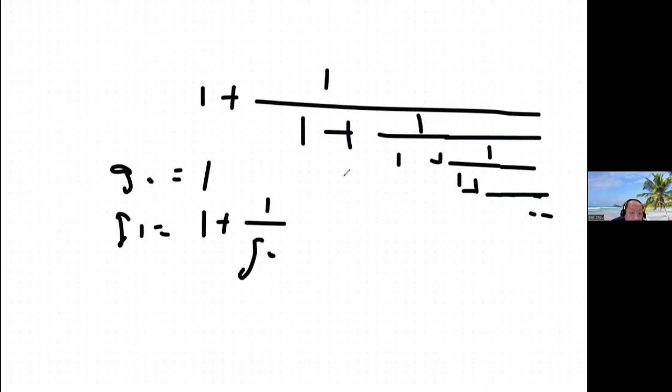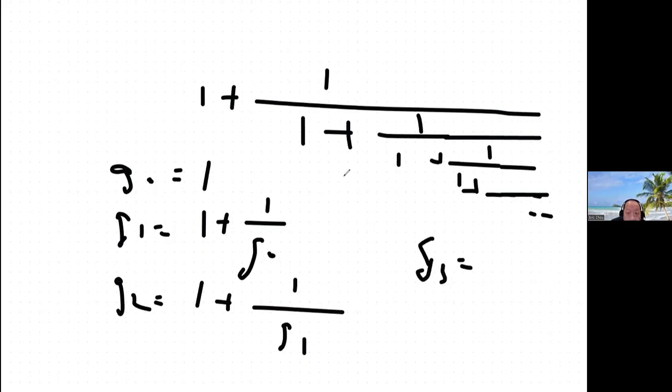G2 equals 1 plus 1 over G1. G3 equals 1 plus 1 over G2. Keep doing that until G200, G2000, G200,000. You will be approaching the value that you want to have.